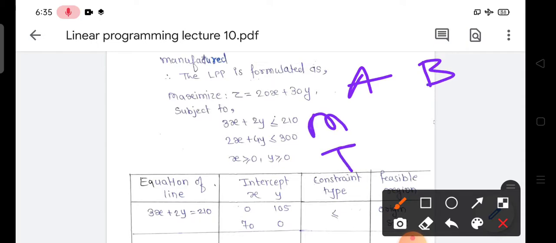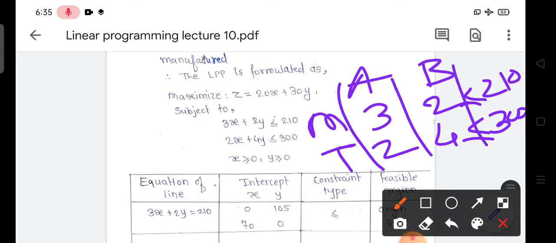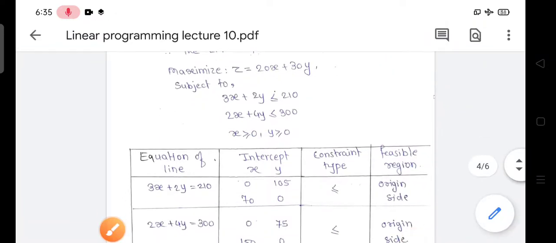Motor, transformer: 3, 2, 2, 4, 210 available, 300 available. Maximum availability means less than or equal to. So these equations that we mentioned in the table, just write them in LPP format. 3x plus 2y less than or equal to 210, 2x plus 4y less than or equal to 300, and non-negativity constraints x greater than or equal to 0, y greater than or equal to 0.